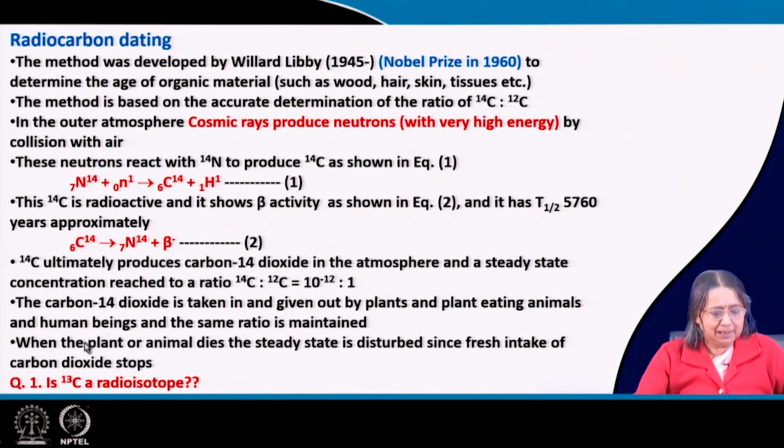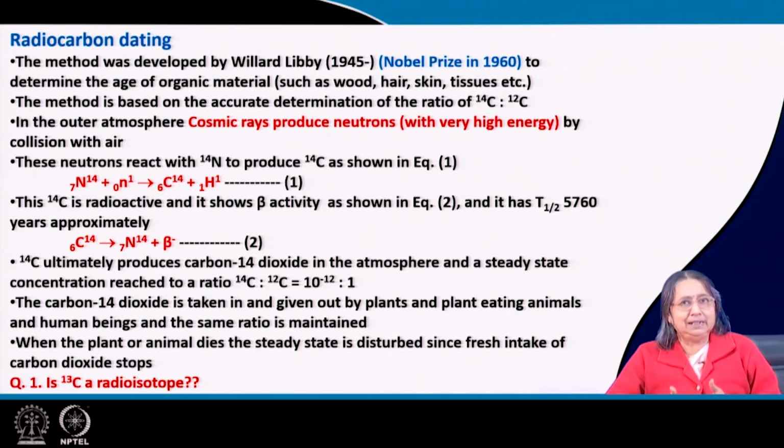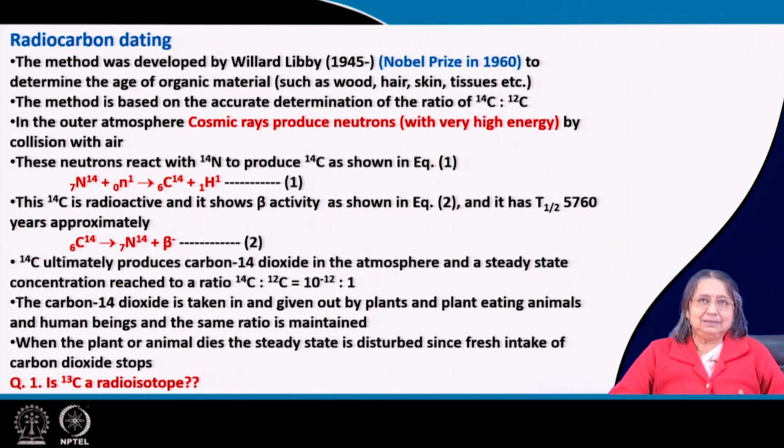When the plant or animal dies, now the thing starts. Wood is coming from a plant, right. So when the plant dies, the steady state is disturbed, since fresh intake of carbon dioxide stops. When a plant dies, it is not taking any more carbon dioxide. What is stored remains stored. So no more carbon dioxide is taken up. Then what will happen?